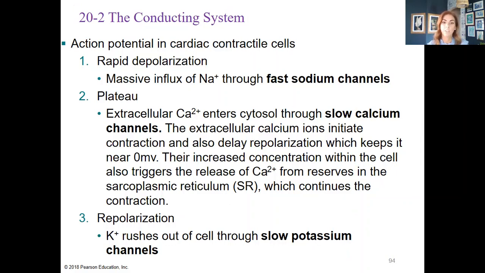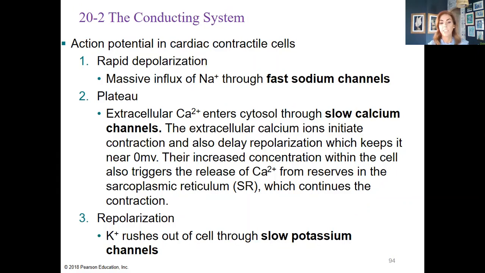And then circle the word plateau. We have this new thing that we have never seen before occurring in these contractile cells. This plateau is going to be due to the influence of calcium on the contraction process. So the extracellular calcium is going to come into the cell through the slow calcium channels.